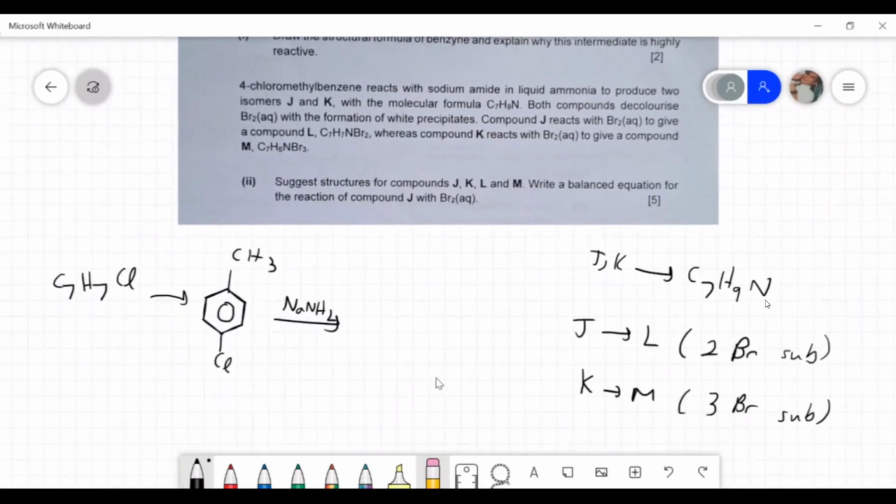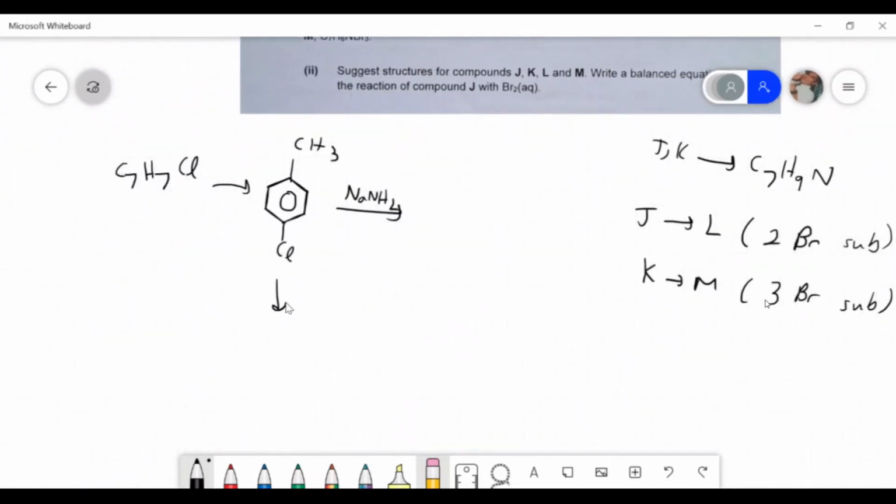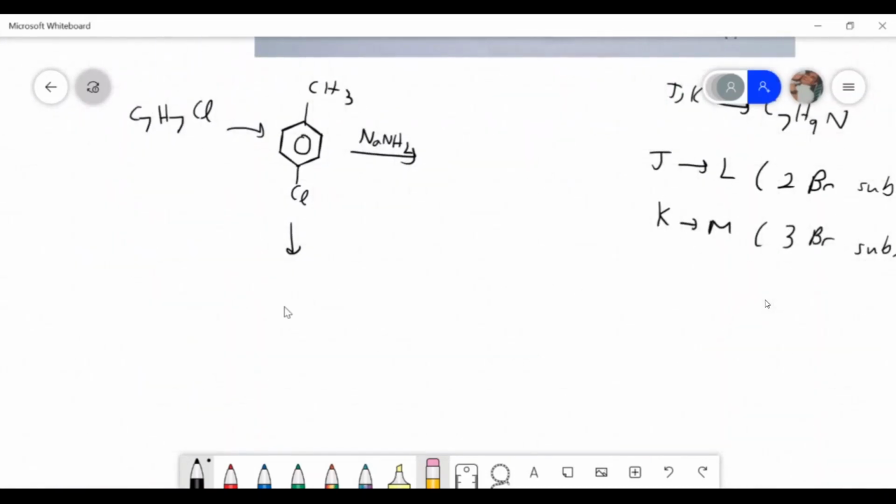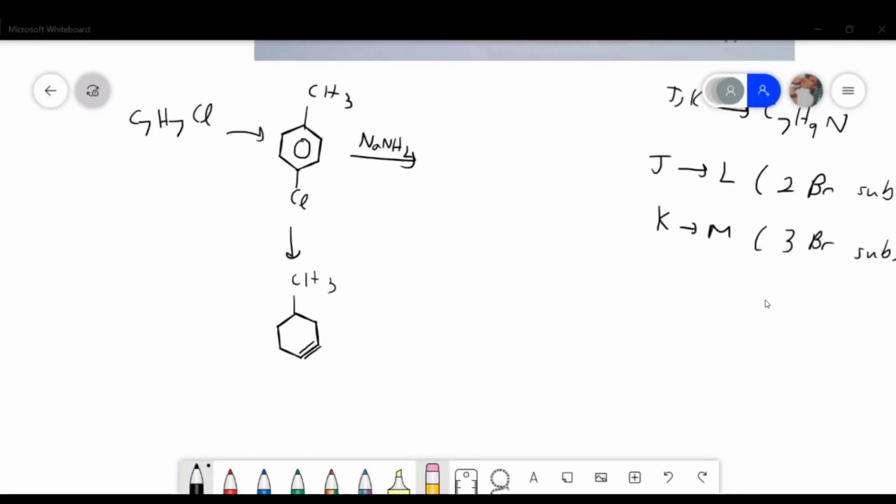Now, we know that in order for this to work, it goes through the benzyne intermediate. I'll just draw it out. So that's our structure. The CH3 group is here. This is why I hate how they do the circle, with only having the circle on benzene.